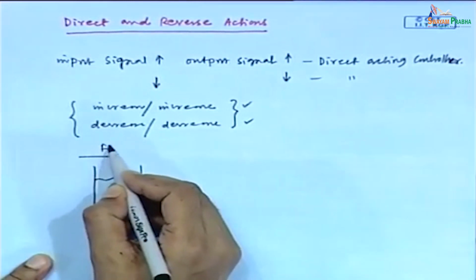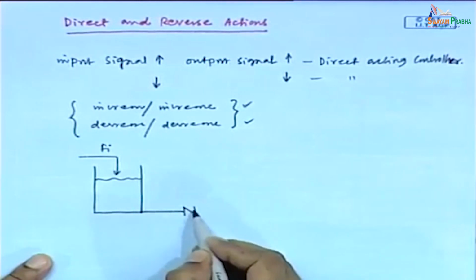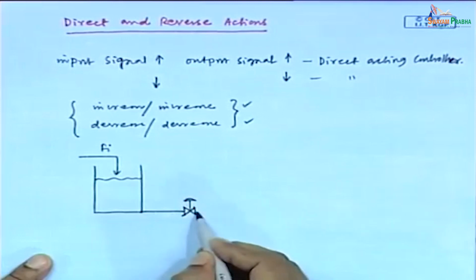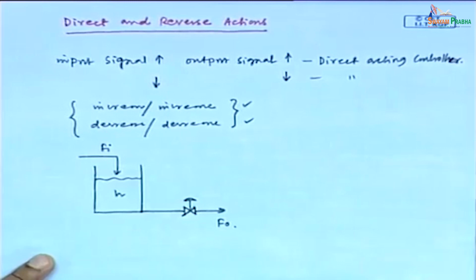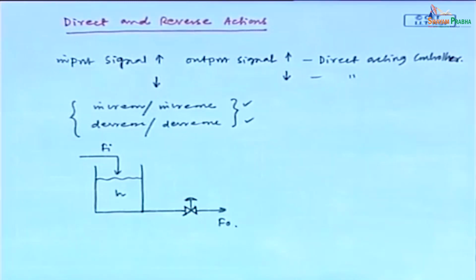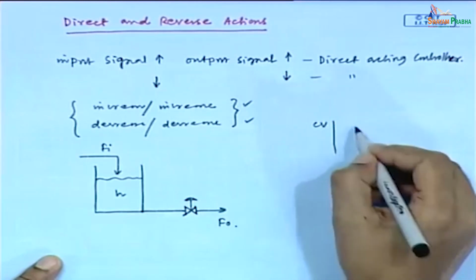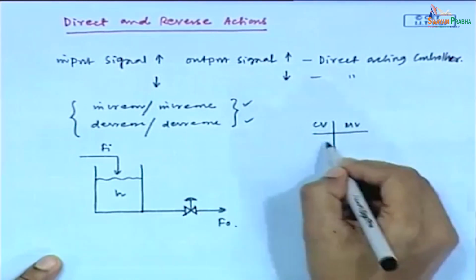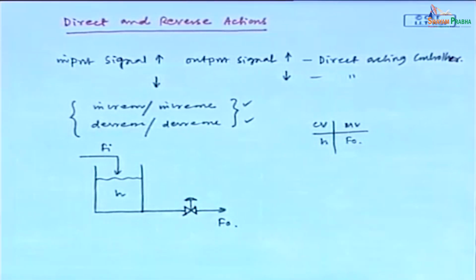This is a liquid tank system. Our controlled variable is liquid height and manipulated variable is, suppose, F naught.